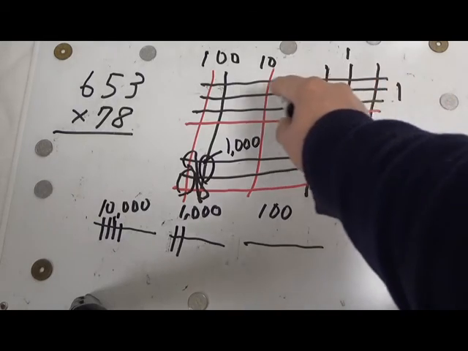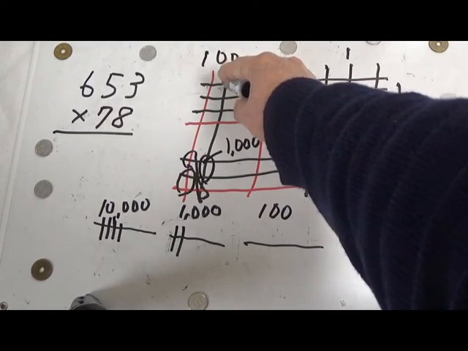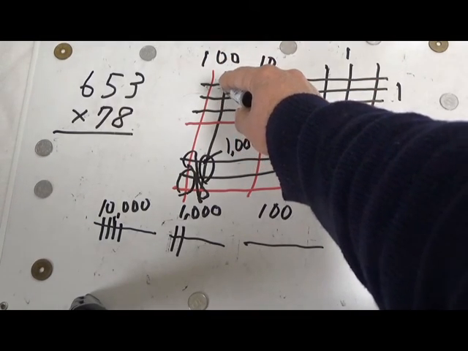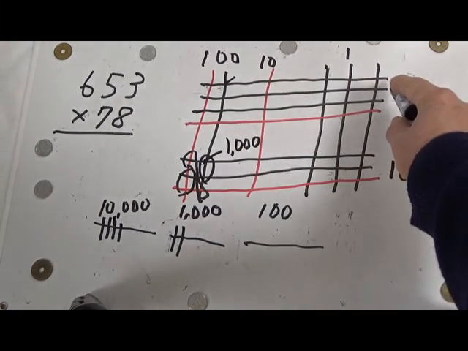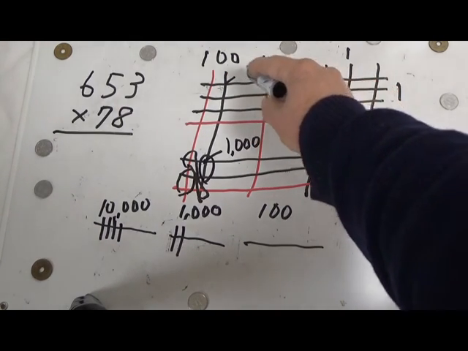This is line 1, this is 100 line, so the number of crossing points is 100.